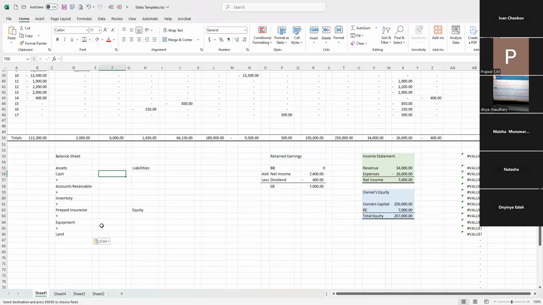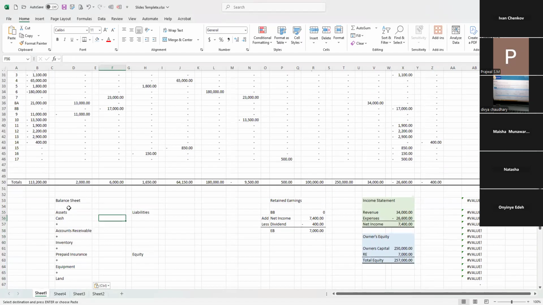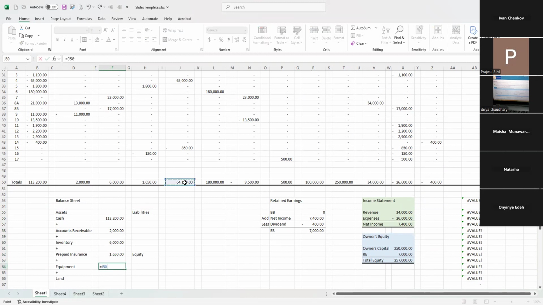Do I know how much my cash is? Yes, we do. 113,200. Accounts receivable, 2,000. Inventory, 6,000. Prepaid insurance, 1,650. Equipment, 64,150.